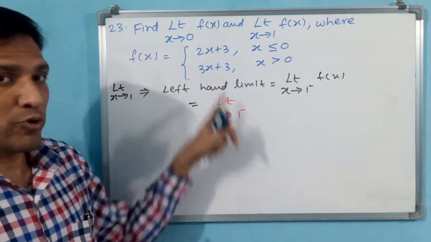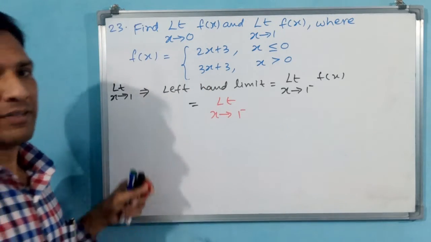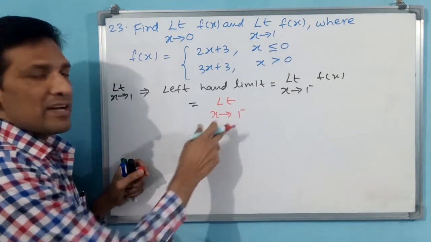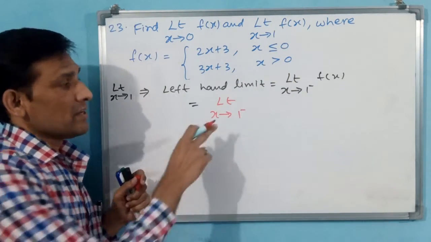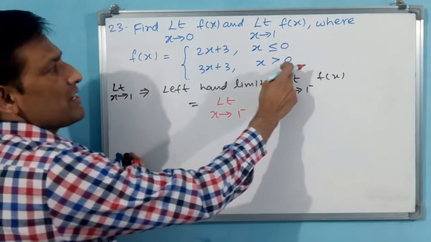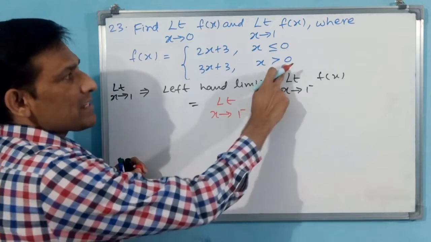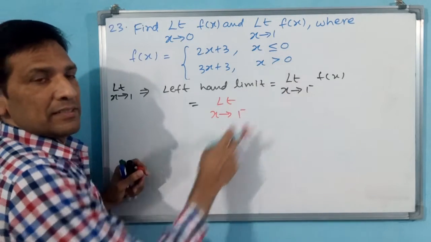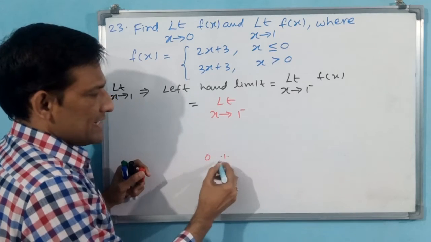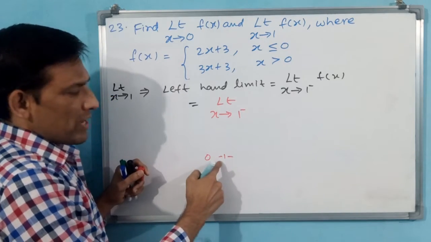That means this limit is going to exist, like we already know. Why? Because for 0 they have given an inequality, but for 1 they have not given any inequality. That means at 1 there is no inequality, and directly you can take it. For 1 minus also, it is greater than 0 only. For 1 minus and 1 plus we take slightly on this side, but greater than 0 only.